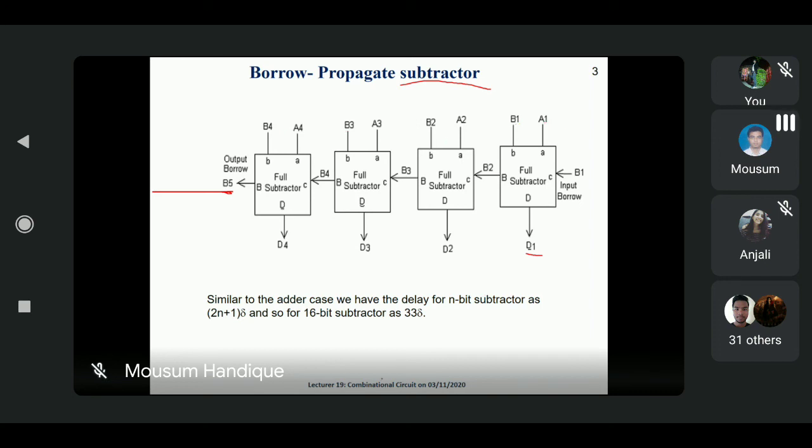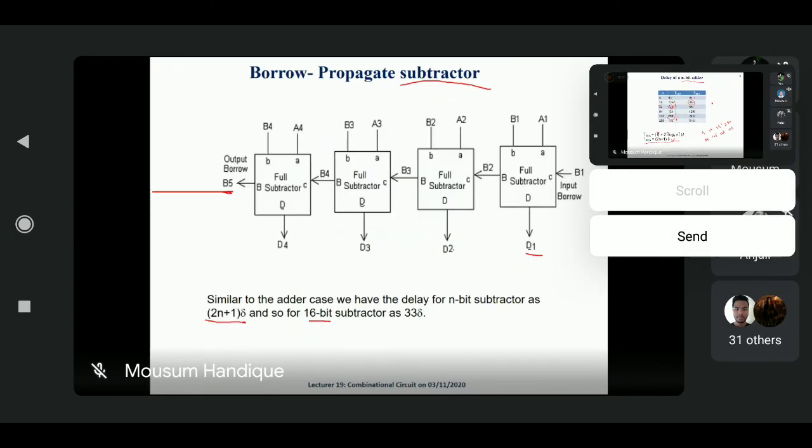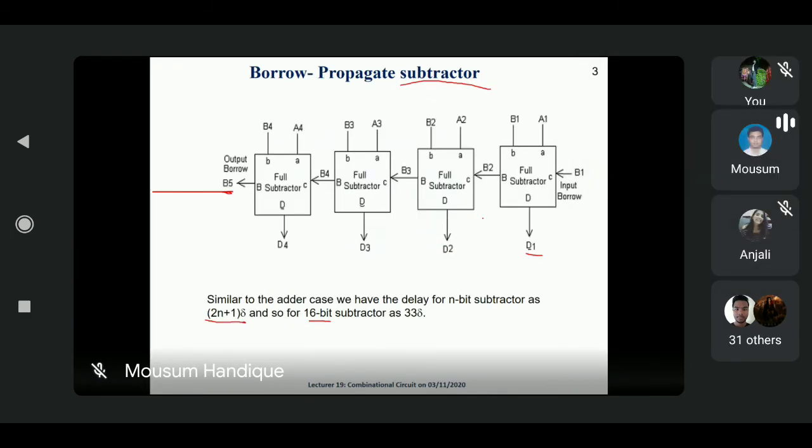See here, the same formula we apply in this borrow propagate subtractor, whatever we use in the ripple carry adder. So what happens if we use a 16-bit adder? Earlier we have seen that the 16-bit adder requires 33 delta when we use the ripple carry adder. The same thing we apply in the borrow propagate subtractor. We also get 33 delta, because all the properties are the same in this circuit.